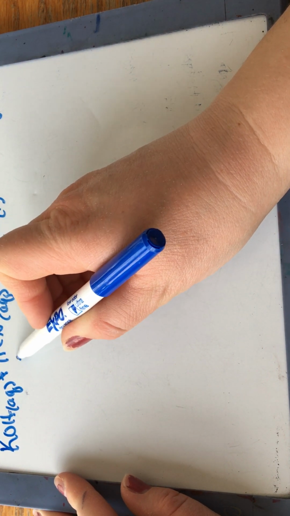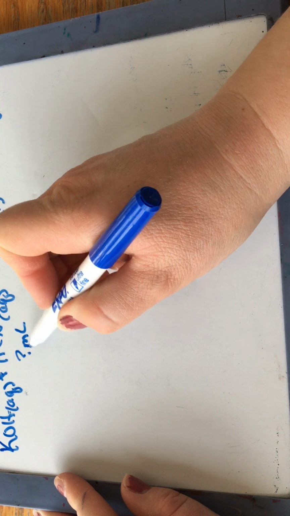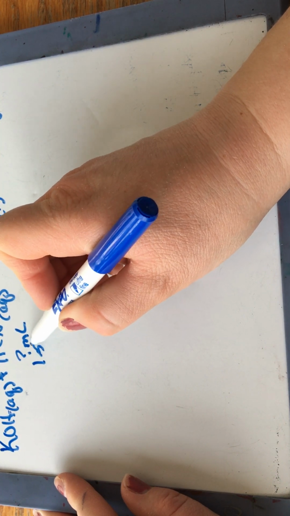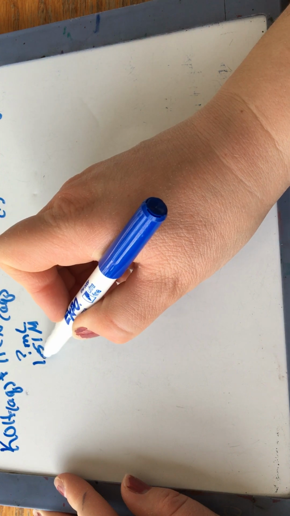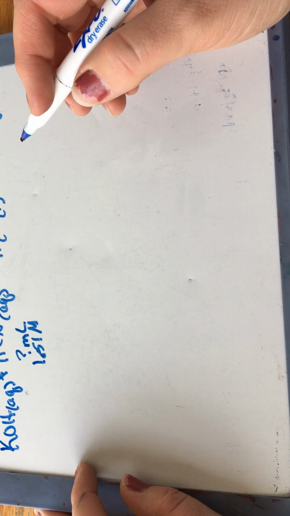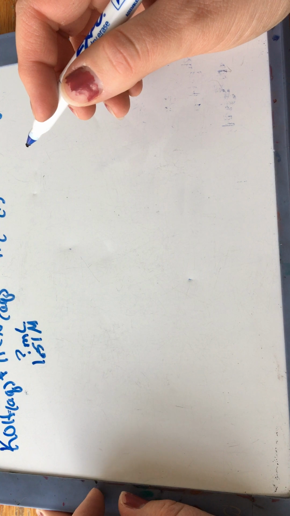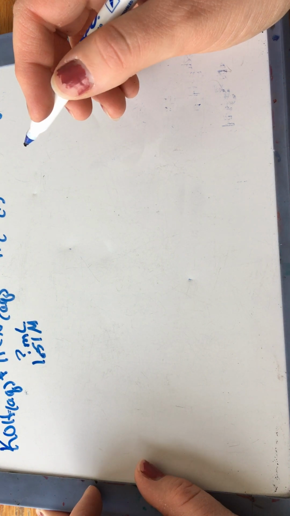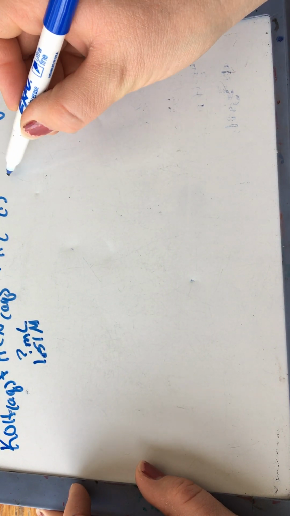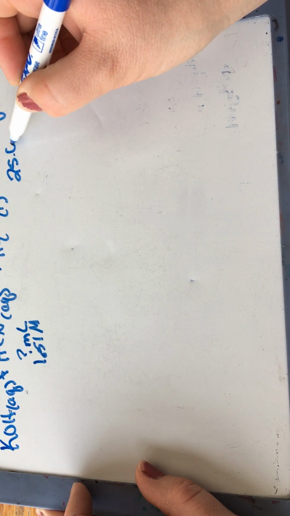So, how many milliliters of a 1.51 molar solution of HCN will be required to get 25 grams of potassium cyanide? Potassium cyanide right there, 25.0 grams.